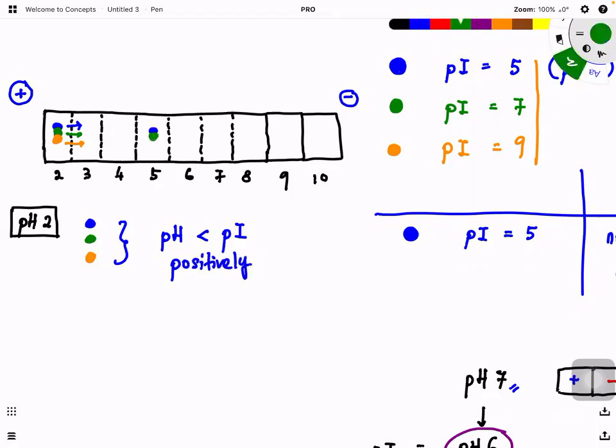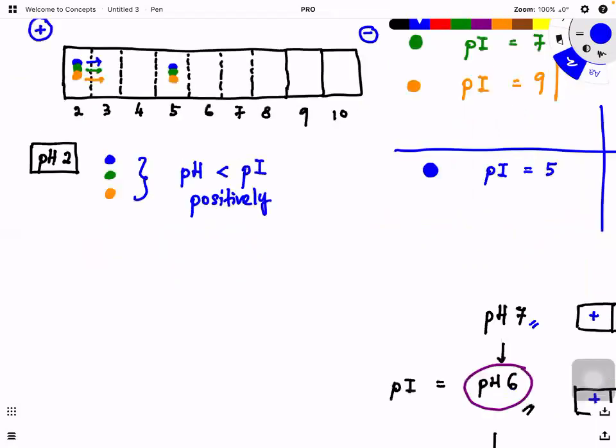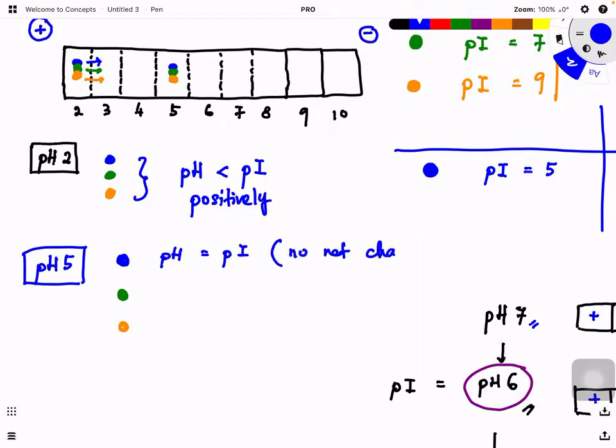Okay, what will happen at pH 5? Check here, guys. At pH 5, we have blue protein, green protein, and orange protein. For the blue protein, pH is equal to pI, so the blue protein now has no net charge. Can you see that? But for green protein and orange protein, what will happen?